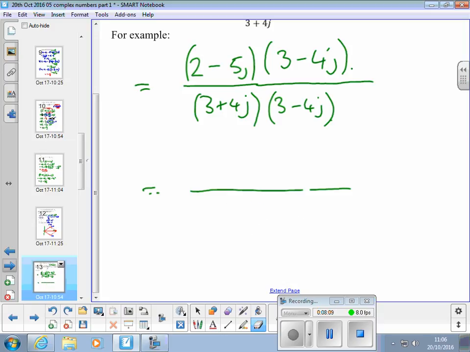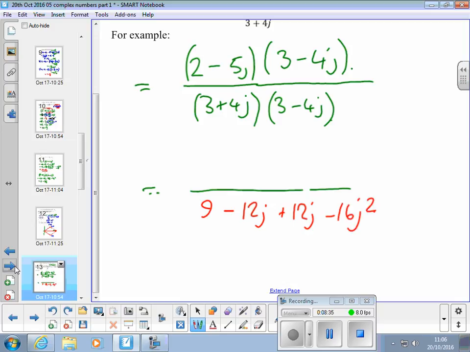Because then what you get, let's write it out: 3 times 3 is 9. 3 times minus 4j is minus 12j. 3 times plus 4j is plus 12j. And then plus 4j times minus 4j is minus 16j squared.